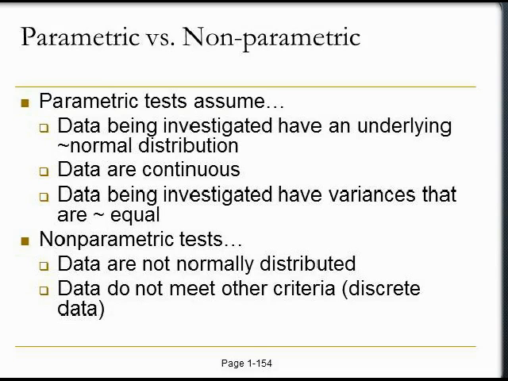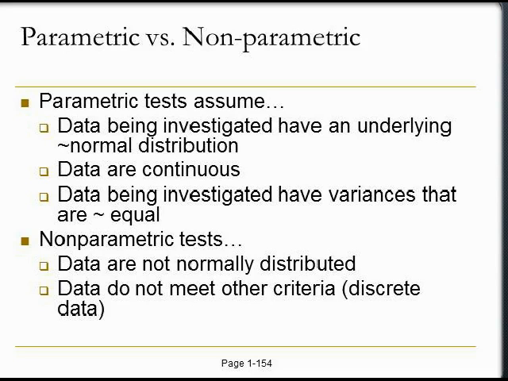Parametric tests assume that the data being investigated have an underlying normal distribution. We've talked about this already. They assume that the data are continuous, and that the variances in the 2 or 3 groups being compared are approximately equal. Okay, so continuous, normal distribution, with variances that are approximately equal.